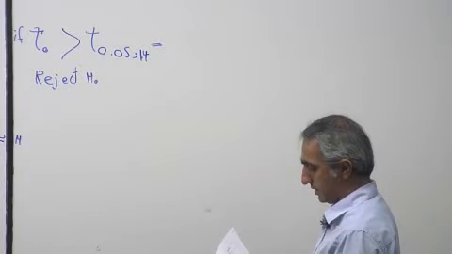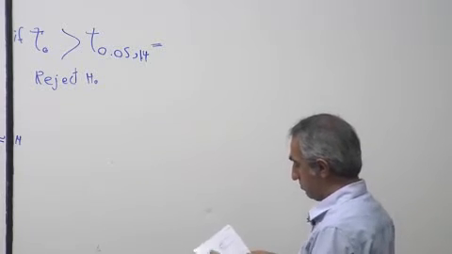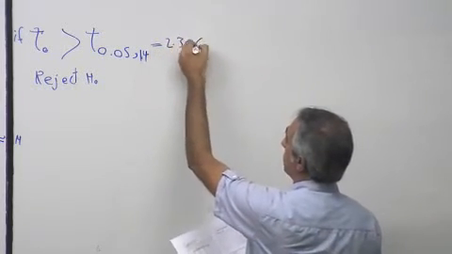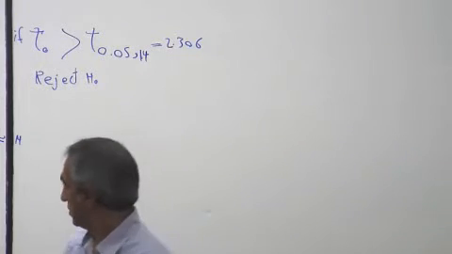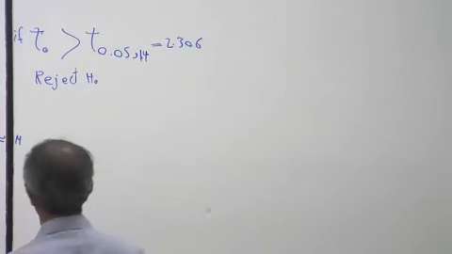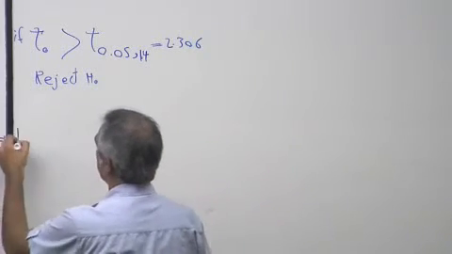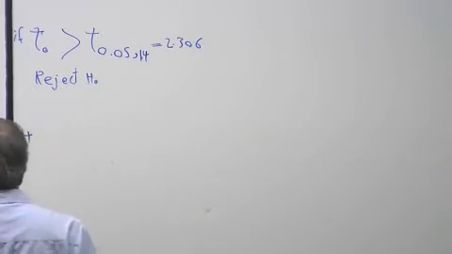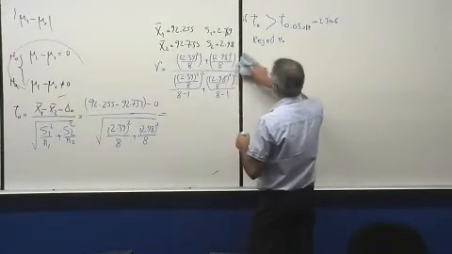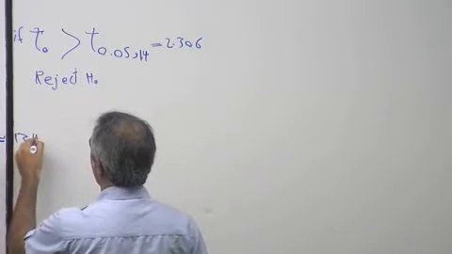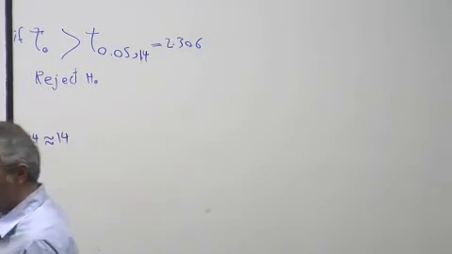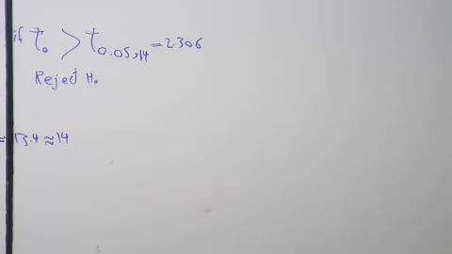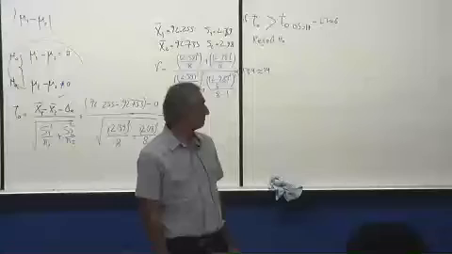It's not an exact test procedure, which is 2.306. This one? Oh, 13.4. Let's call it 14. They are very, very similar. Okay. Any questions? Is that clear?